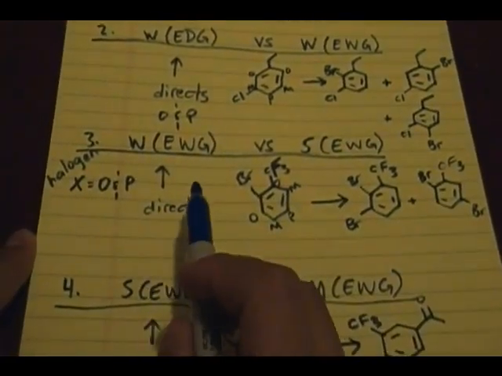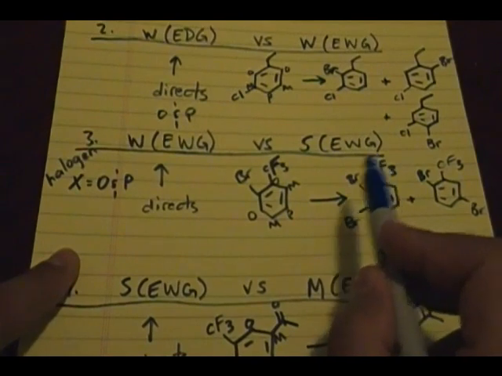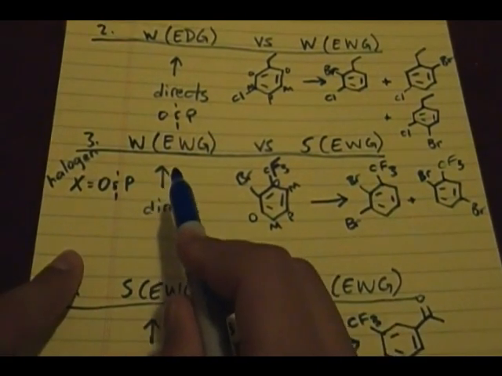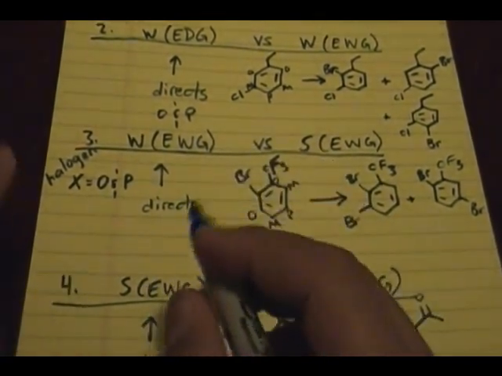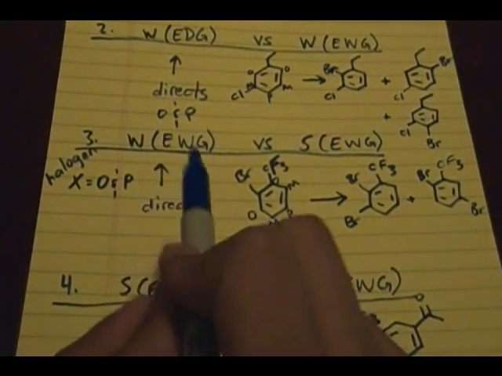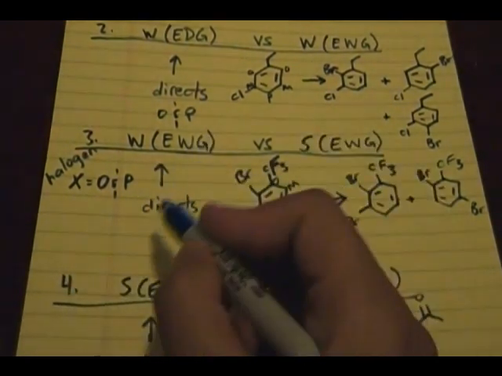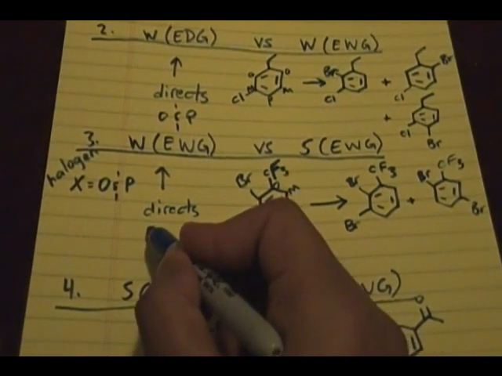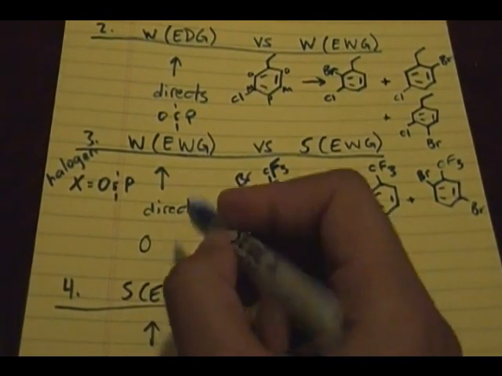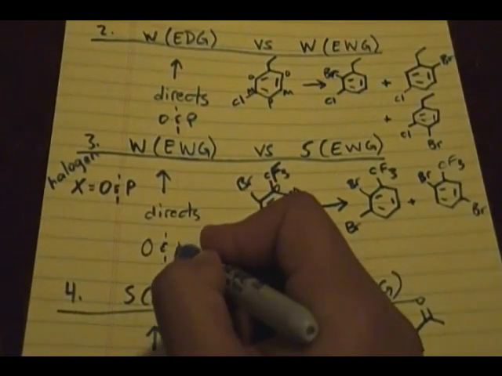Weak electron withdrawing group versus strong electron withdrawing group. Weak electron withdrawing group directs. And since the weak electron withdrawing groups that we'll be focusing on are halogens, they will direct to the ortho and para position. So keep that in mind: halogens, ortho, and para position.